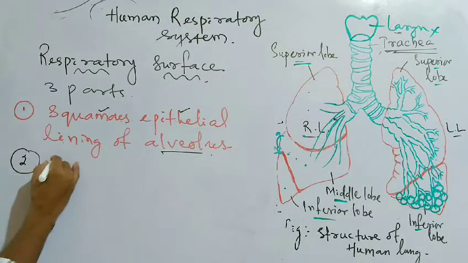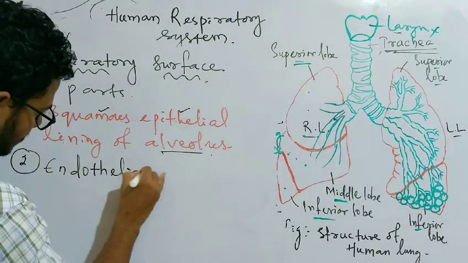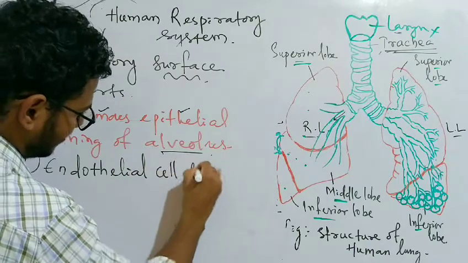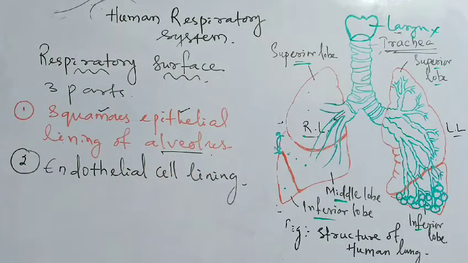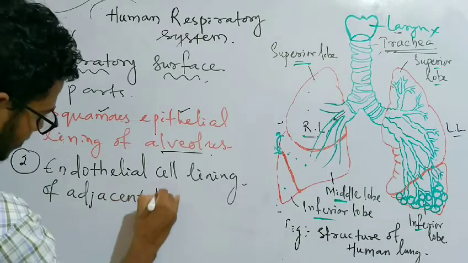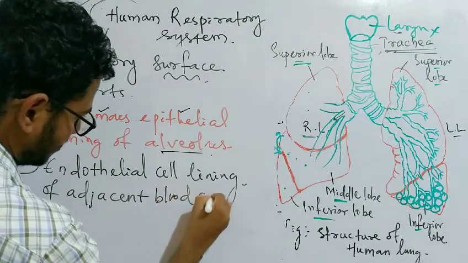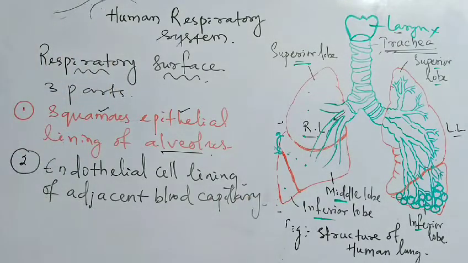So the endothelial cell lining of the adjacent blood capillary is the second part.